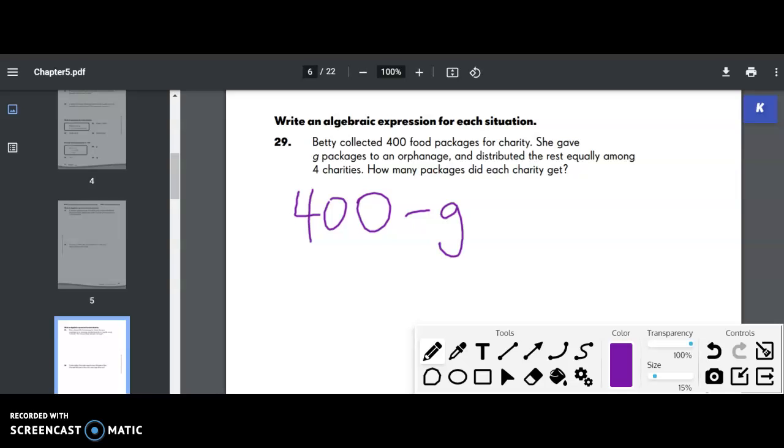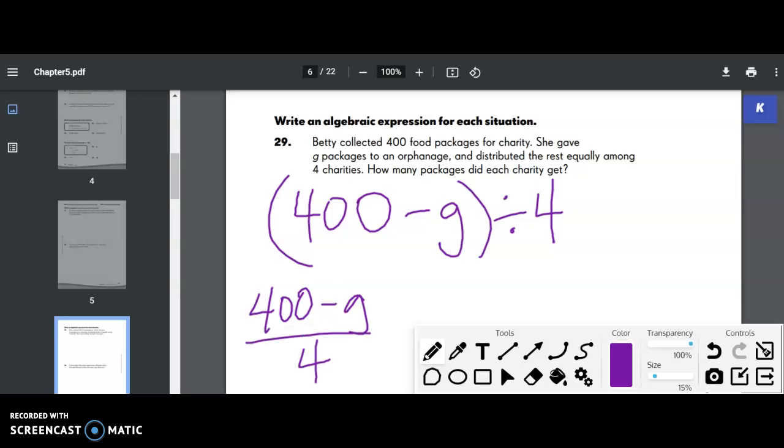So she's splitting it up equally. That's division. So just like that other one, we can either say parentheses divided by 4, or we could say 400 minus G over 4. And I know it can be hard to type it on your Chromebook. So if you do need to do something like 400 minus G slash 4 to show dividing with a slash, that is just fine.